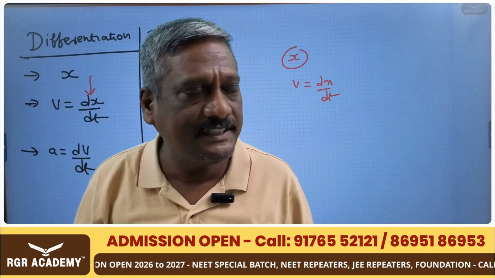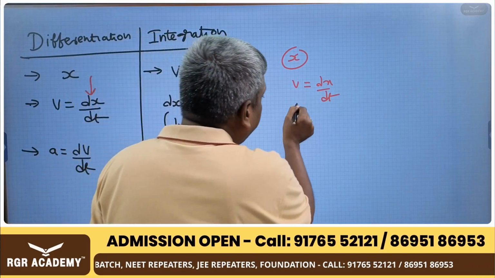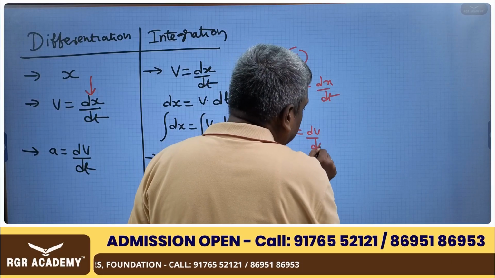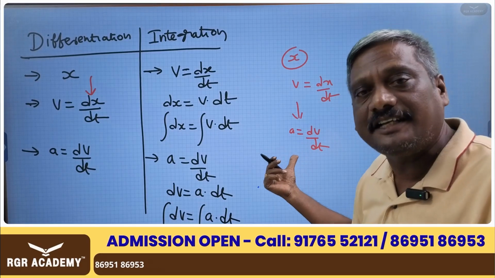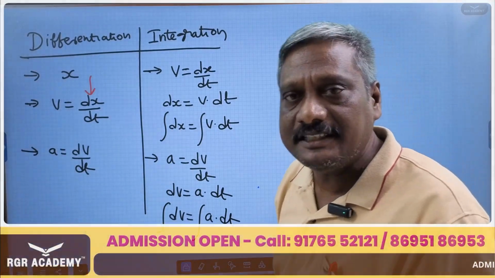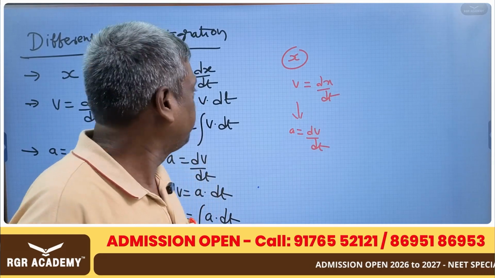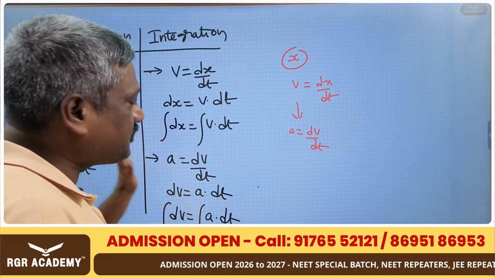Because the rate of displacement is called velocity. If you differentiate once again, the second time, then you get acceleration, because acceleration is the rate of change of velocity. That is the differentiation concept in motion in a straight line.